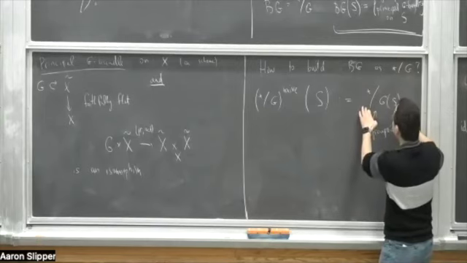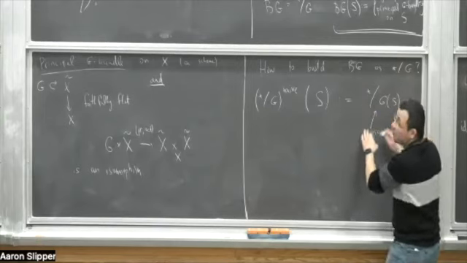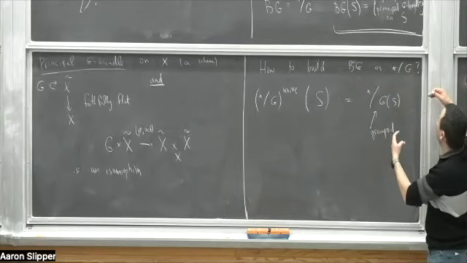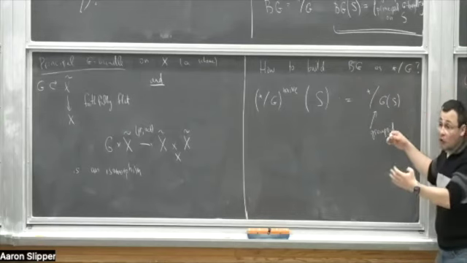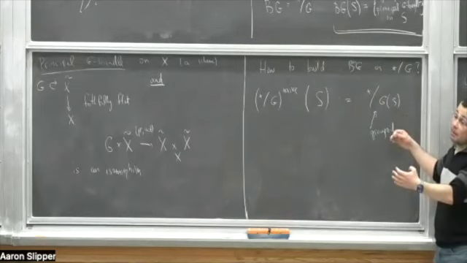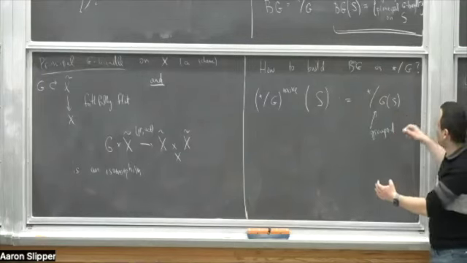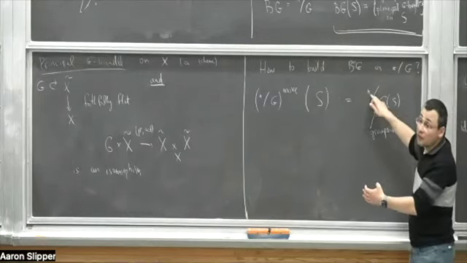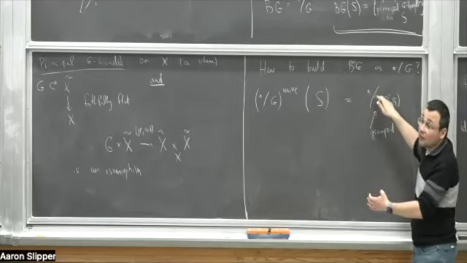Another way of saying it, this assigns to S not the groupoid of principal G-bundles, but the groupoid of the trivial principal G-bundle. Because it has one object, this groupoid necessarily has one object.